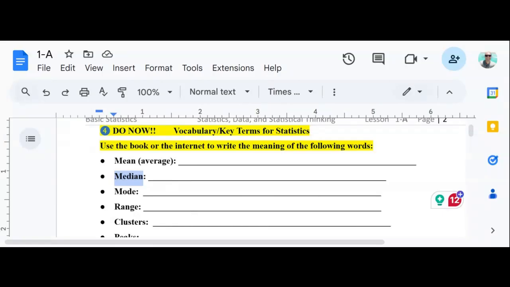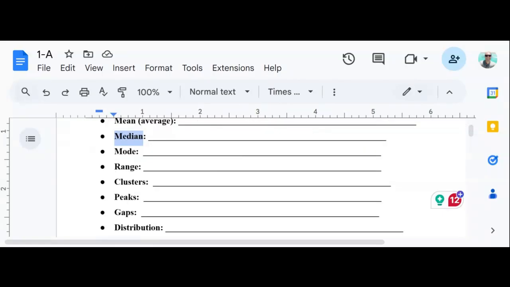Okay. Anybody else want to share their knowledge? So median is the middle number in a list of data, but the numbers have to be in order. The numbers have to be placed in order. Anybody have the meaning?